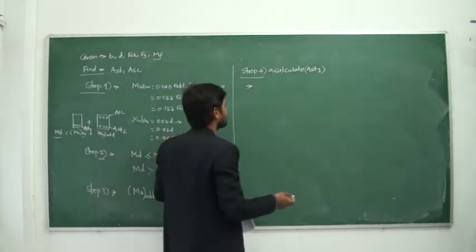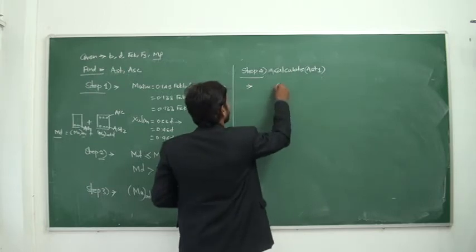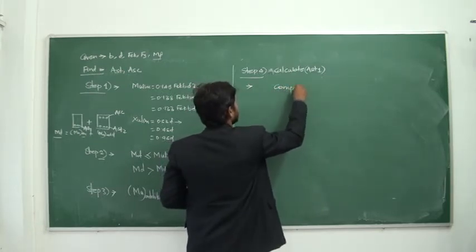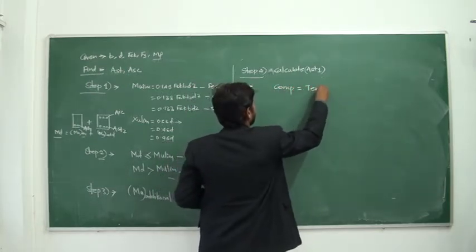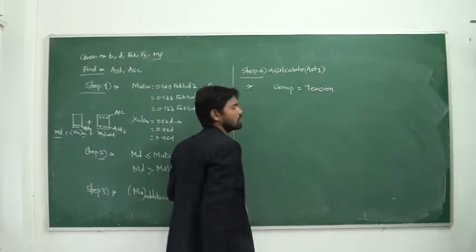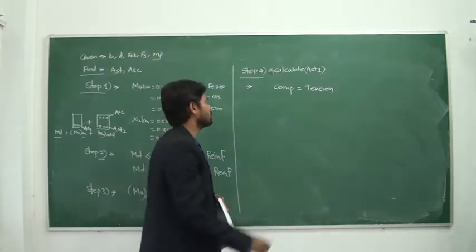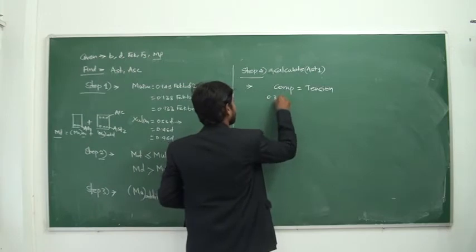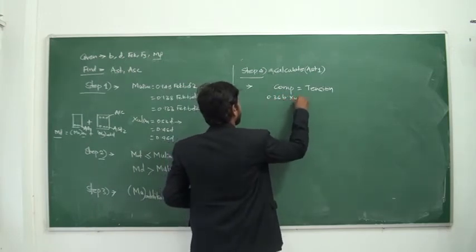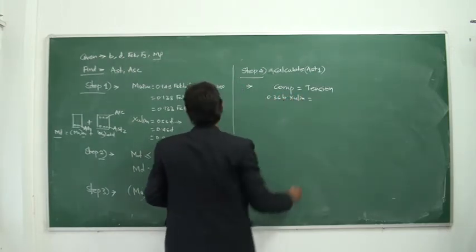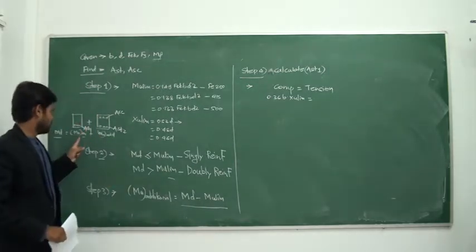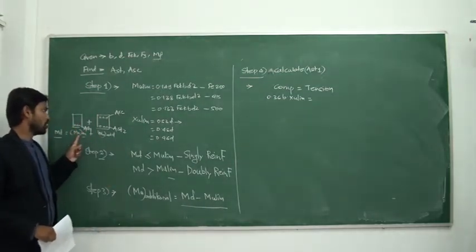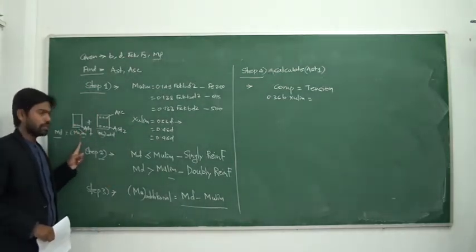How will you calculate this? It is very simple. You have to use the equation for the calculation of steel for a singly reinforced section. Compression is equal to tension, that is 0.36 fck b into Xu limit, because this Mu is equal to Mu limit.